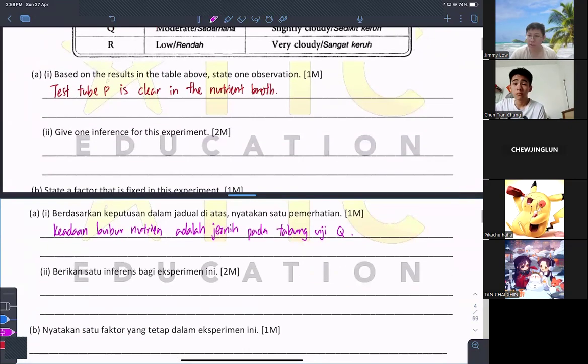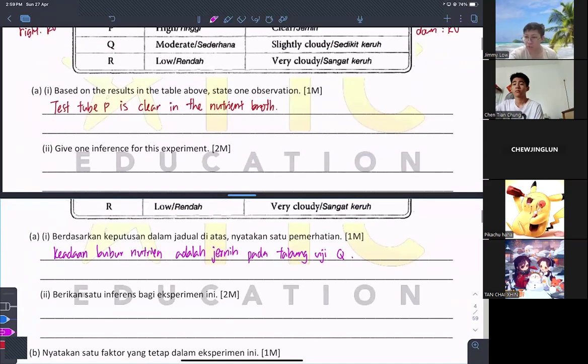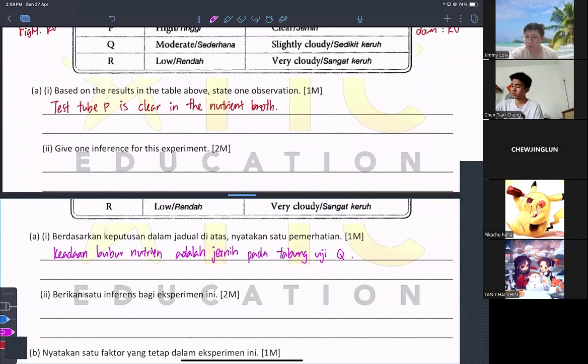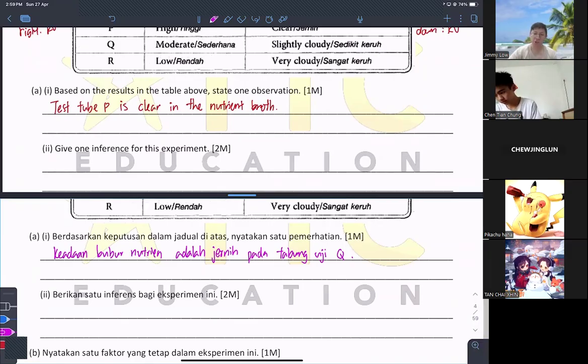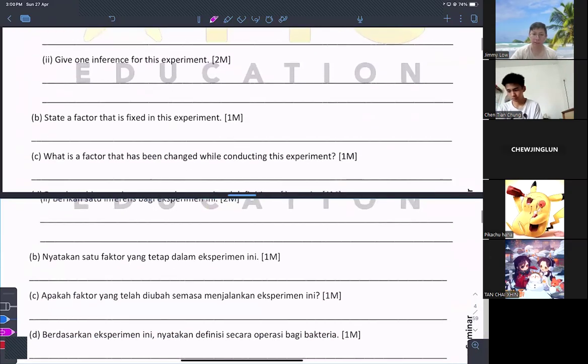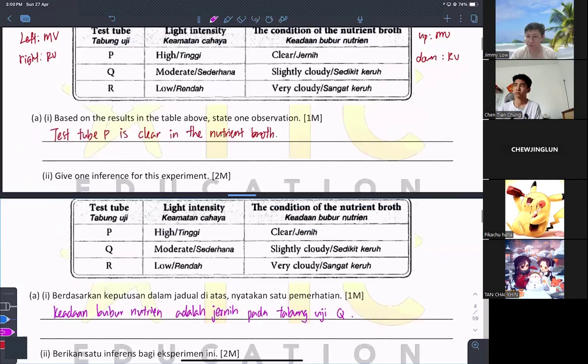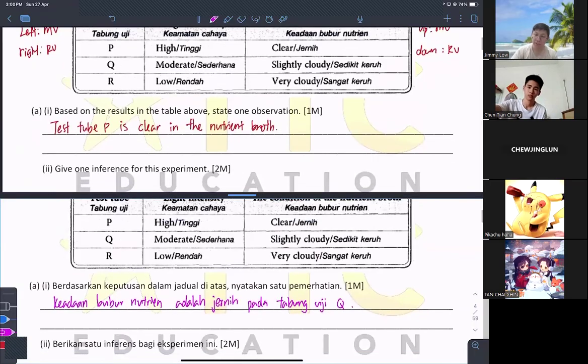Okay, so can I write the lower the...? When you want to say the more, the less, the higher, the lower, this refers to the hypothesis, not the observation lah. Observation, just write down whatever you see. You don't give hypothesis in observation.